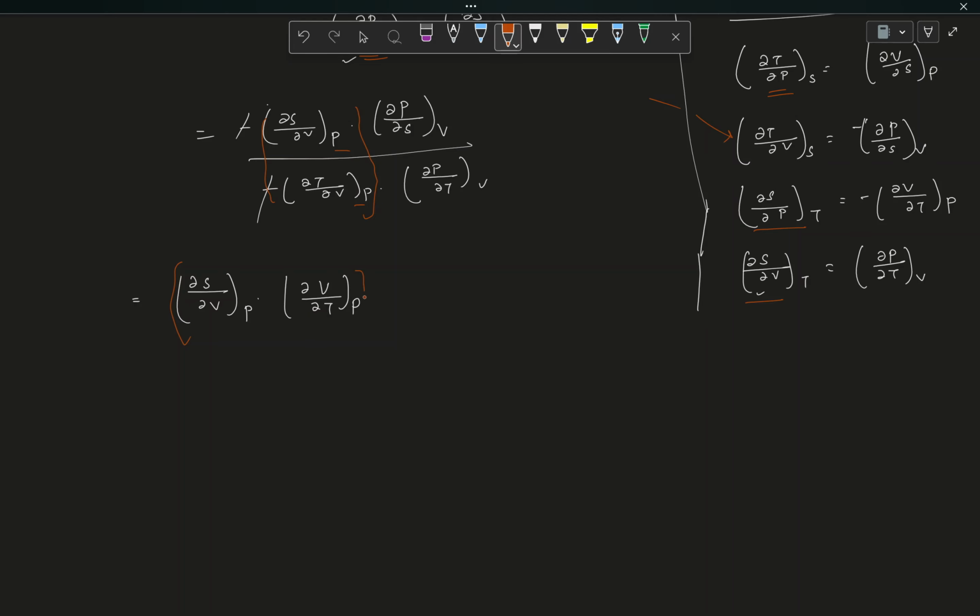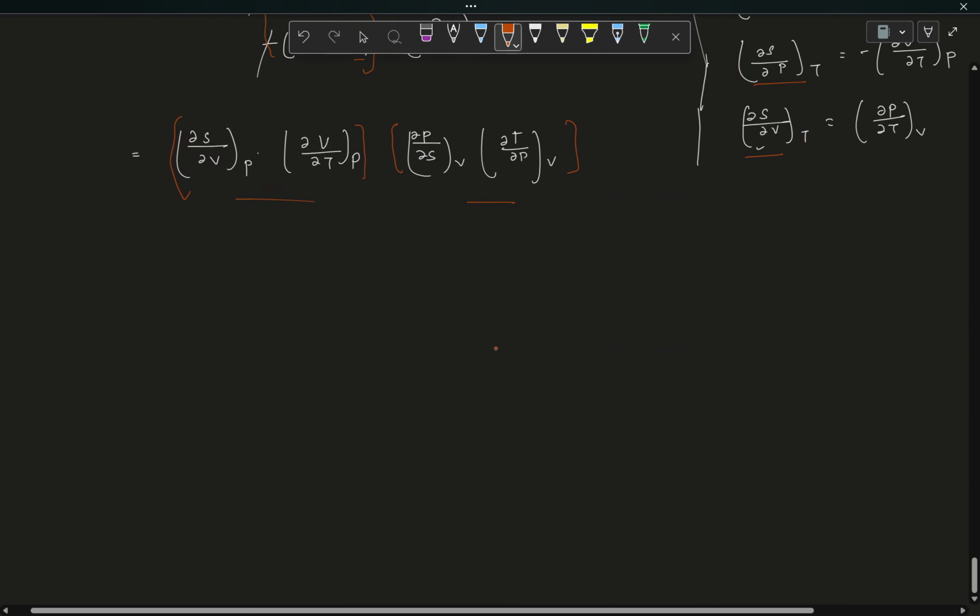We take this as an inverse and put it from the denominator to the numerator. Similarly, these two terms are also at constant volume, so those two we compile together. So this is del P del S at V constant, del T del P at V constant. Okay, so these are the two terms.